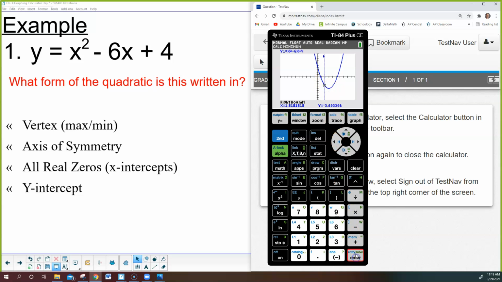Then I hit enter. See that line? That logs in a data point that is to the left of the vertex. And then it says right bound, which means I need to bring this cursor over to the right of the vertex. It doesn't matter how far you go. You can go way past, you can just barely go past, but you need to be to the right of this, and it logs in that data point.